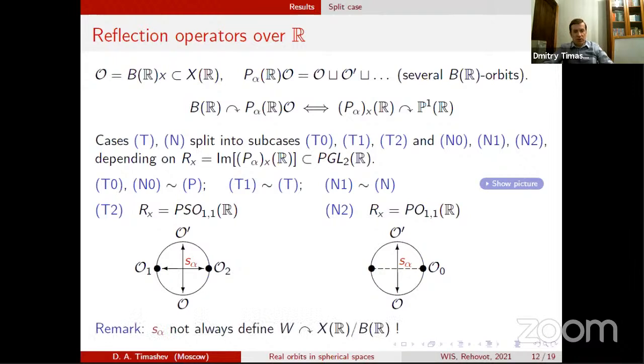But let me warn you that unfortunately, or maybe fortunately, I don't know, these reflection operators do not always define the action of the Weyl group on the set of real Borel orbits. This means that in general, they do not satisfy braid relations of the Weyl group of G. There are counterexamples, and at the first stage we believed that this is true, but afterwards we found these counterexamples, and that's why our result, which we have so far, is maybe not in a final form.